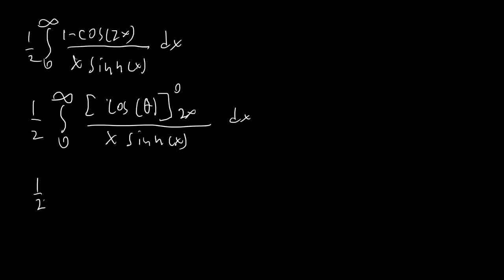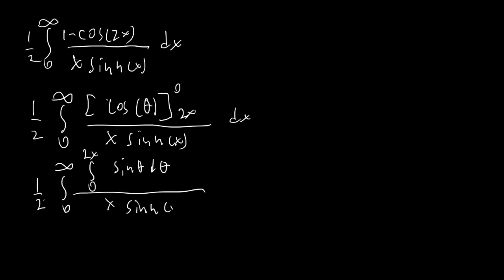So we still have our 1/2 integral from 0 to infinity. And now we're going to write this as the integral from 2x to 0 of the derivative with respect to theta of cosine theta, which is negative sine theta, d theta. Then I'm just going to use this minus sign to flip the bounds here. And then we're still over x sinh x dx.